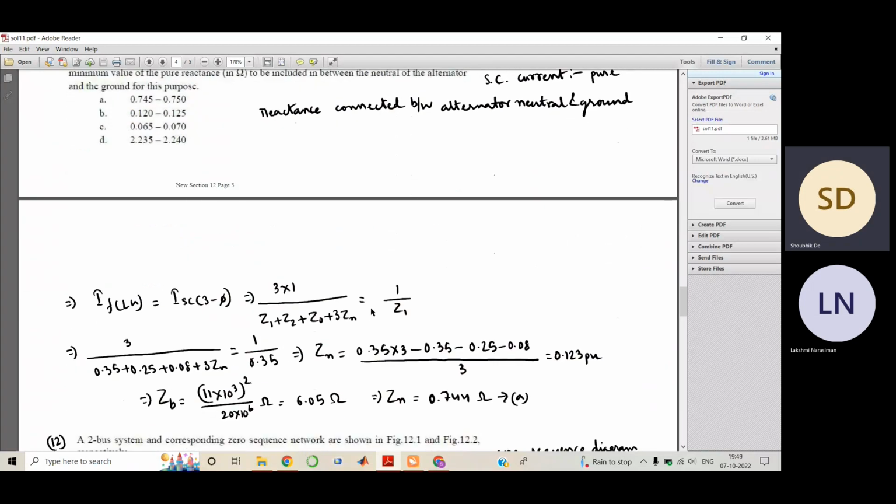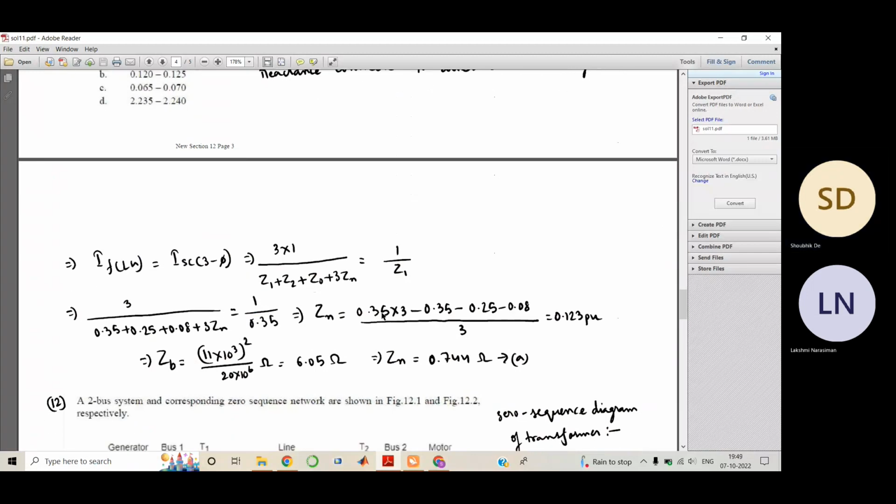Now there is a Zn, because that is what we are trying to find out. This is the formula for the three phase fault, and you just find it. It comes out to be 0.123 per unit, which in ohms is 0.744 ohms, which is option A.